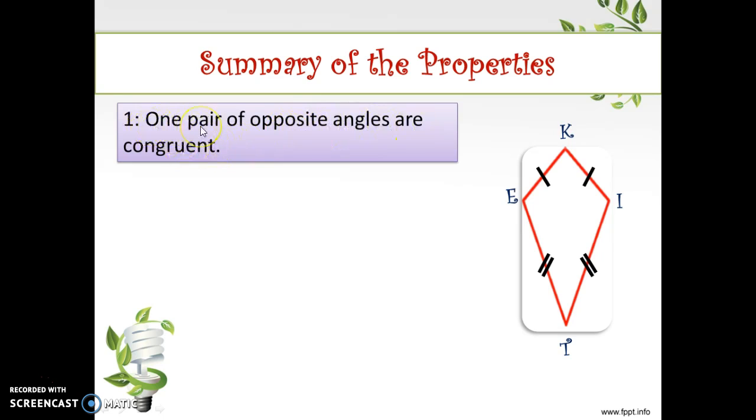There's only one pair, and these are angle E and angle I. You have to remember that you can name this angle here as angle KET or TEK, and this angle I can also be named as angle KIT or TIK.